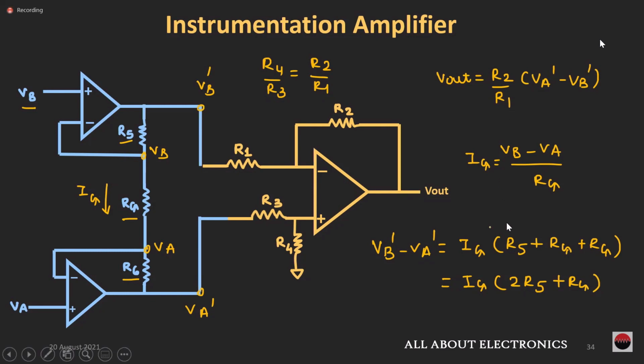And here we have the current equation, VB minus VA divided by R4. R4 we are using here, so this is RG. R1, R2, R3, R4 we are using near the differential amplifier. So this is RG.